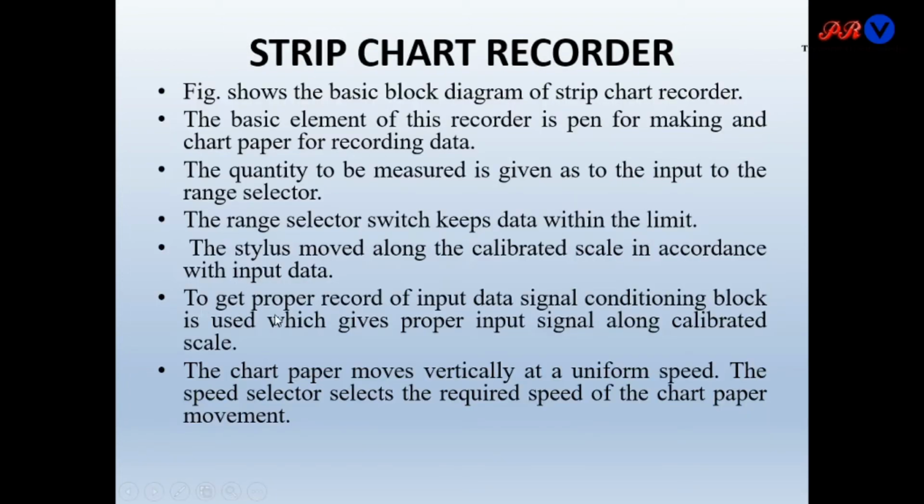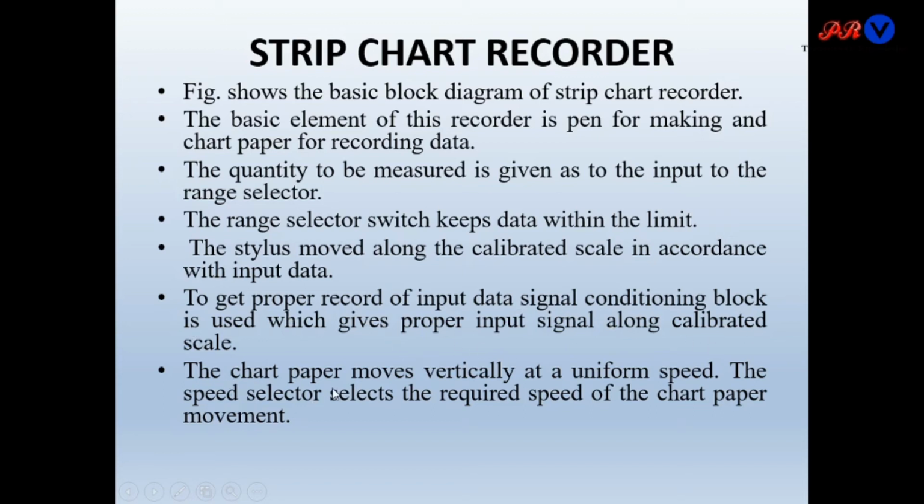To get a proper record of the input data, the signal conditioning block is used, which gives the proper input signal along the calibrated scale. If we use the signal conditioning element, it will provide a proper record of the input data with the calibrated scale.